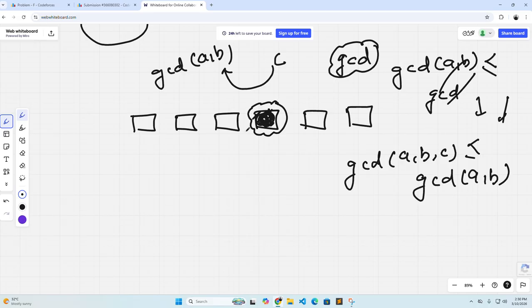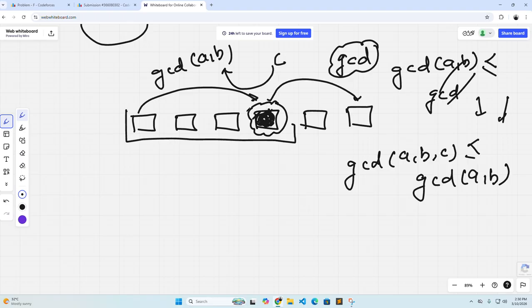If we want to connect this vertex to another, we have two options. We can connect from the first to this one, or we can connect this one to the last.